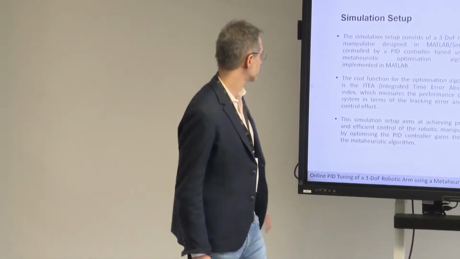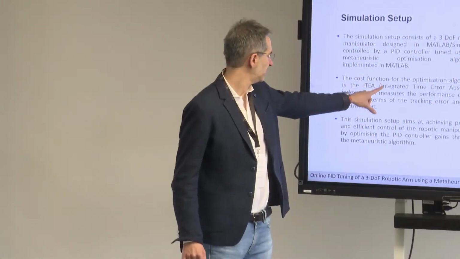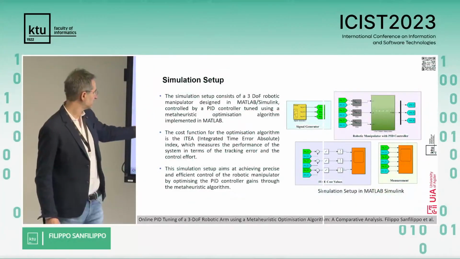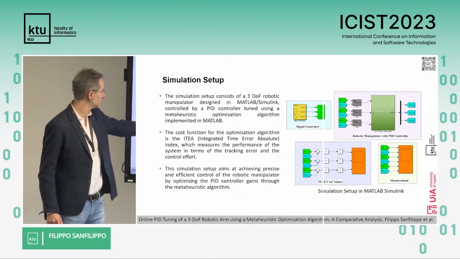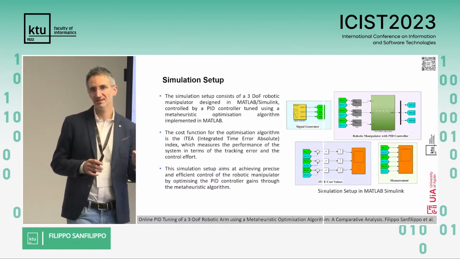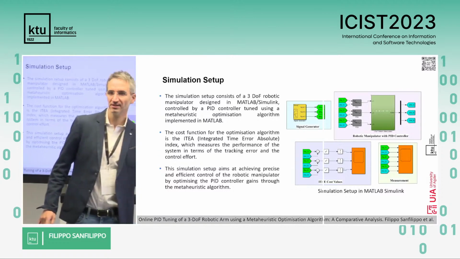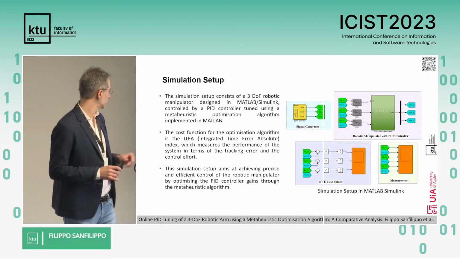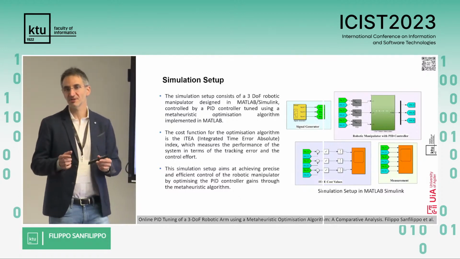One of the main factors in the cost function that we have considered is the integrated time absolute error. It's basically a measure of the performance of the system in terms of the tracking error and the control effort. It's a combination: how precise our end effector is in reaching the target position, but also the control effort, which you could call energy efficiency.